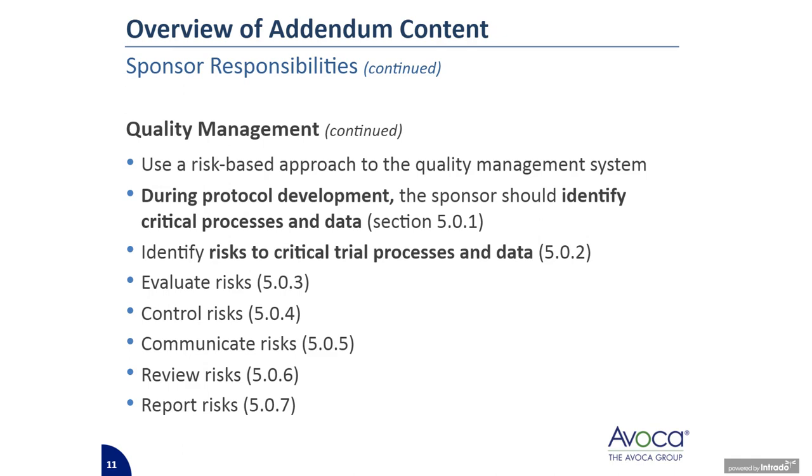So during protocol development, the sponsor should identify critical processes and data, then identify risks to those data, evaluate the risk, control it, communicate it to the relevant stakeholders, review them periodically during the course of the trial, and finally, in your clinical study report, you should describe your quality management approach, how you implemented it, and summarize important deviations from the predefined tolerance limits and the remedial actions that you took.